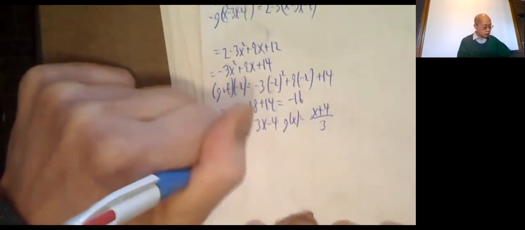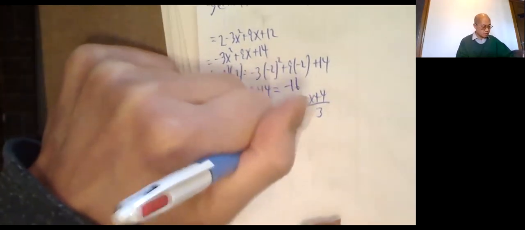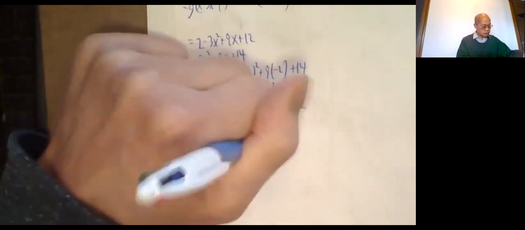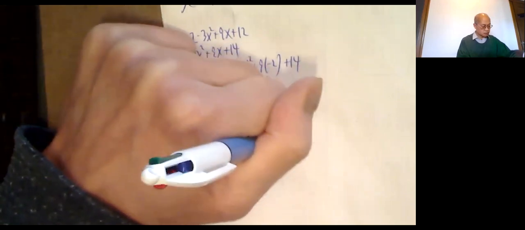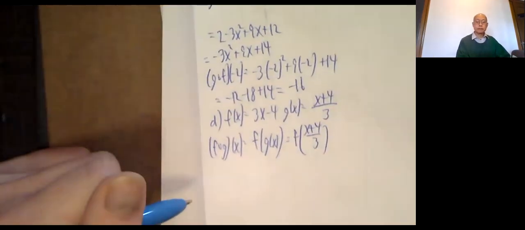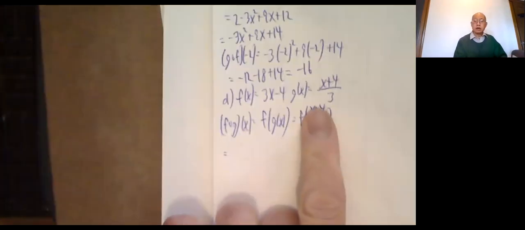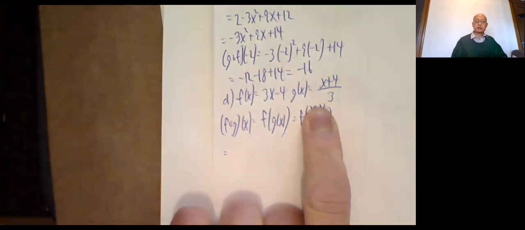So they want f of g of x, f circle g of x. Inside I put that mess. What does f do? Whatever's behind my finger goes right here in parentheses.